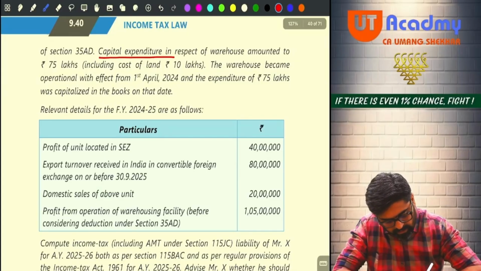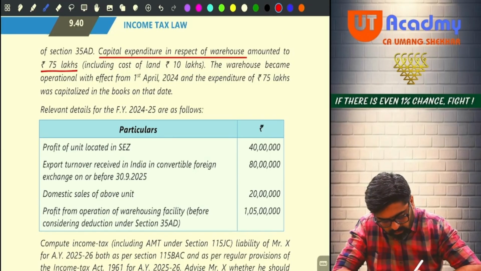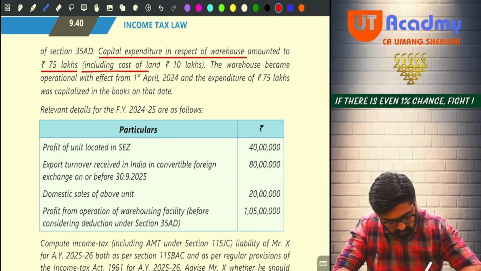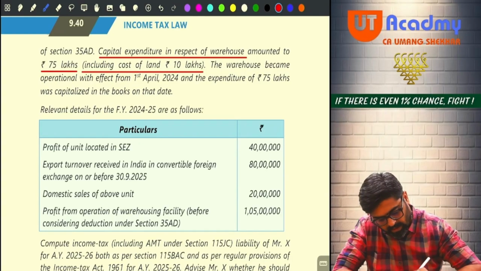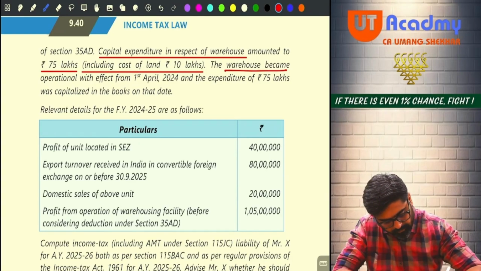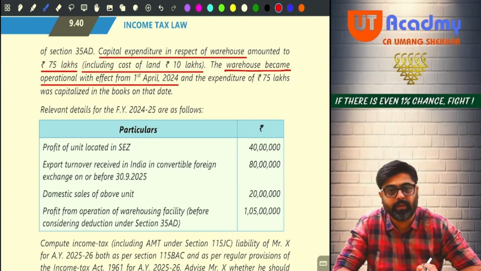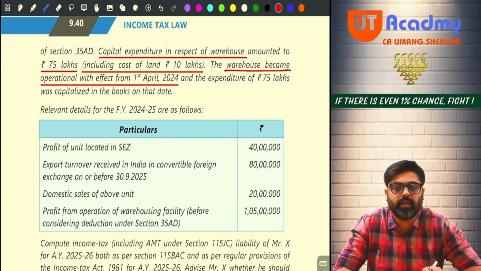Capital expenditure in respect of the warehouse amounted to rupees 75 lakhs, including cost of land 10 lakh rupees. The warehouse became operational with effect from 1st April 2024, meaning the operations of the specified business you have started in this year only.